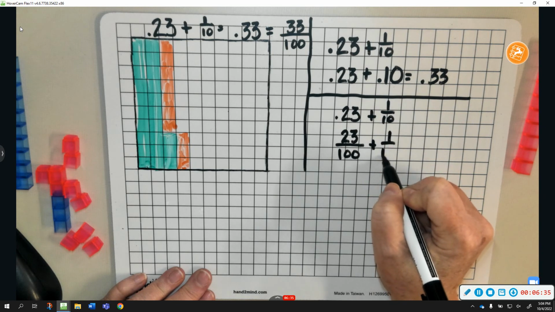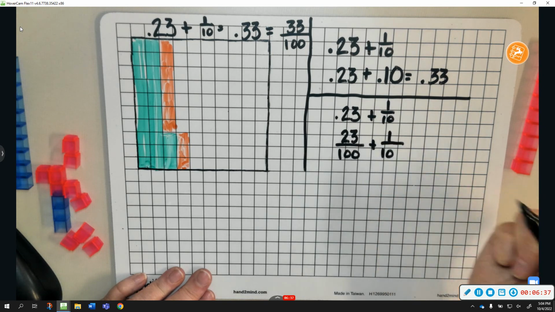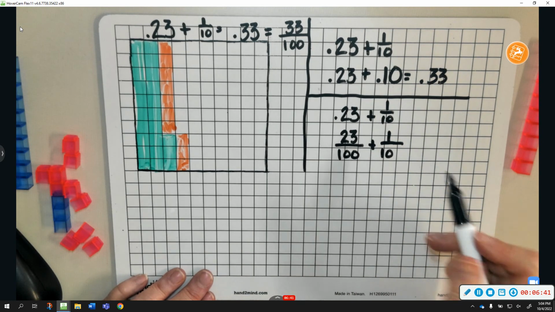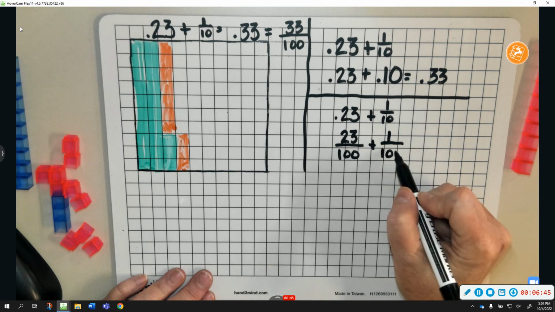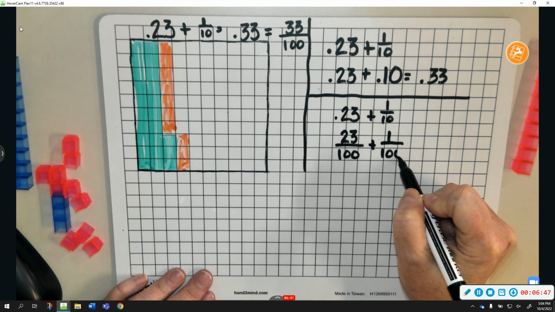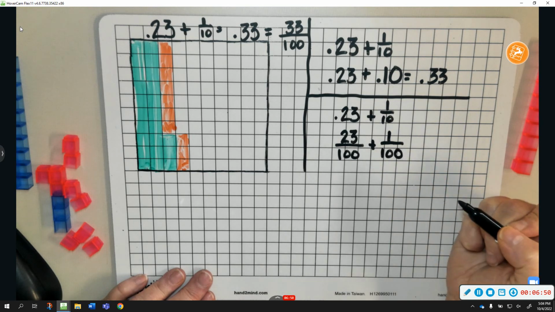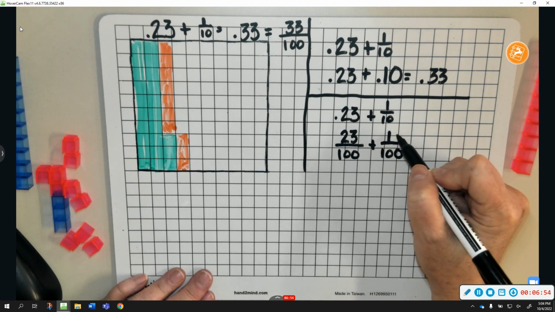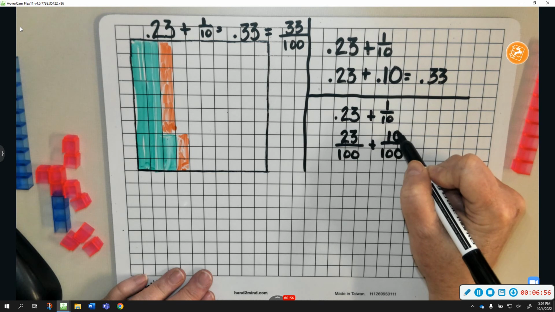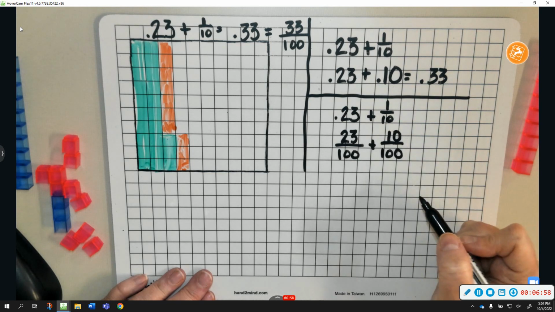Well, we learned when we are adding fractions that the denominators need to be the same. And the power of 10 comes into play here. I can add another place value right here with a 0, but if I do it to my denominator, I also have to do that to the numerator. So I'm just going to add that there.